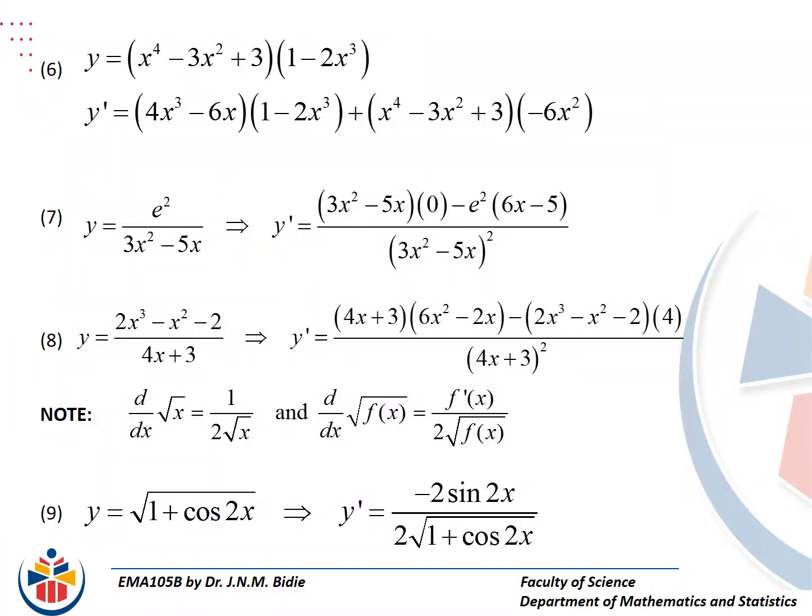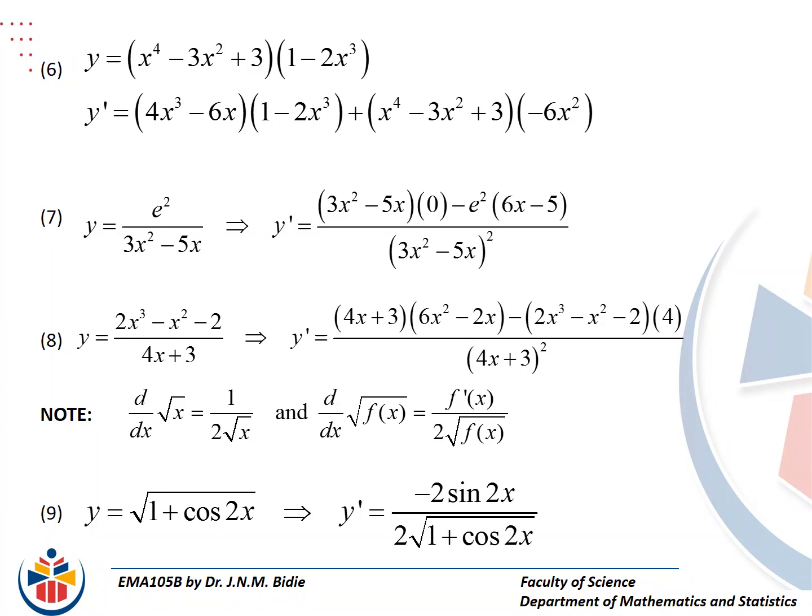Note that if under the square root sign you don't have x, but you have a function of x, then the derivative of that function under the square root sign goes to the numerator. Hence, you'll have f prime of x divided by 2 square root of f of x, the original function. Now let's put this into practice as we go to example 9. We have here y is equal to the square root of 1 plus cos 2x.